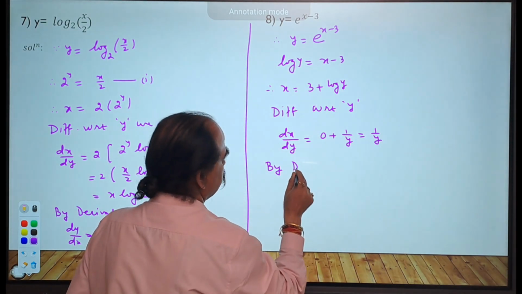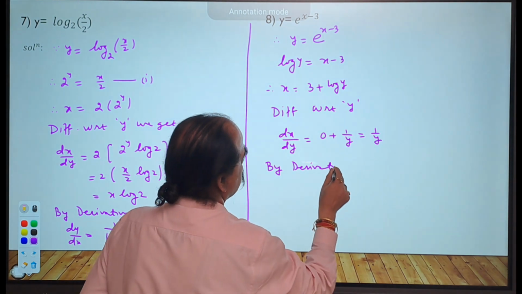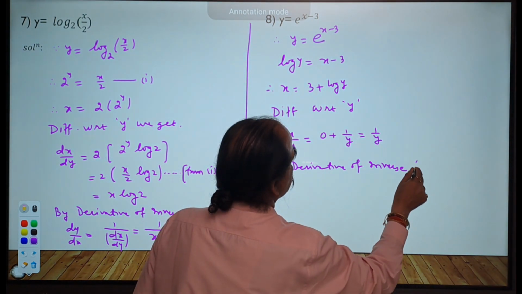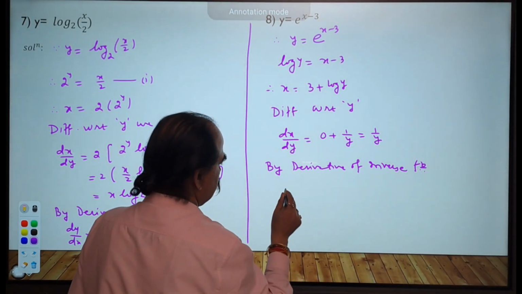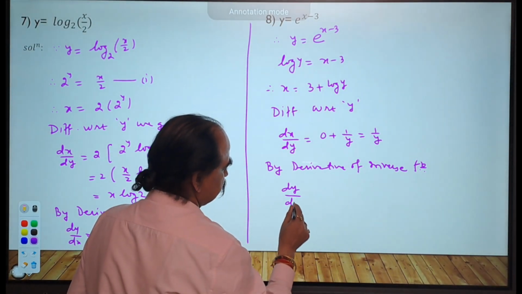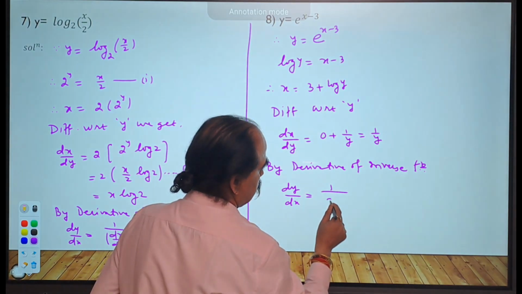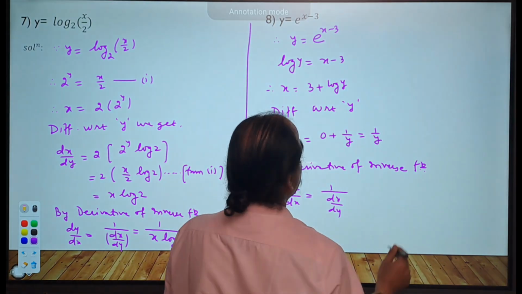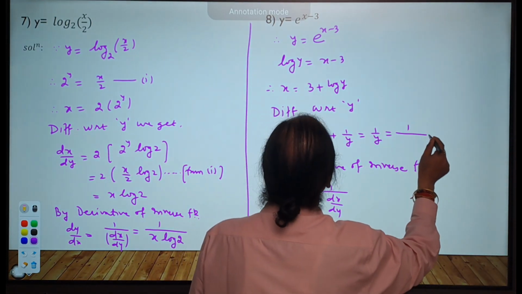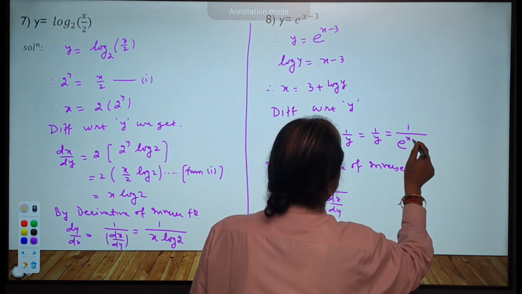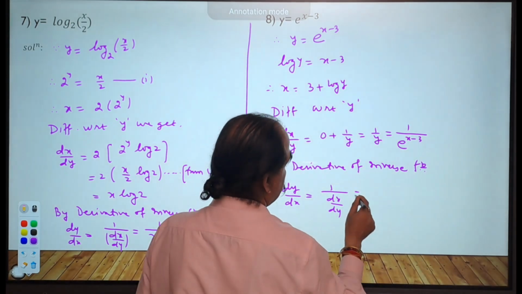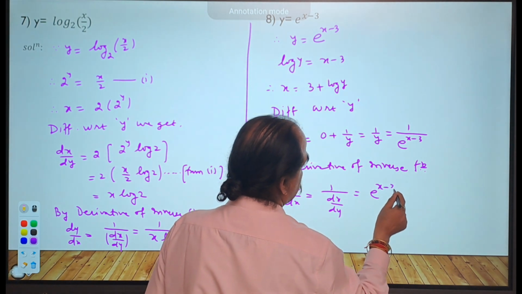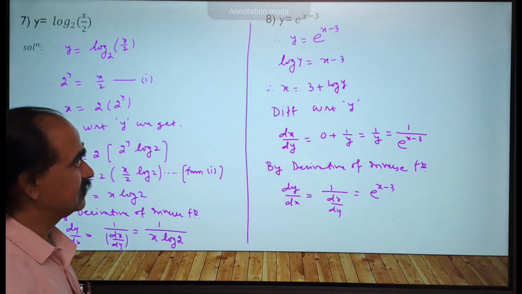By derivative of inverse function, dy by dx is what? 1 upon dx by dy, which is y, and y is e raised to x minus 3.